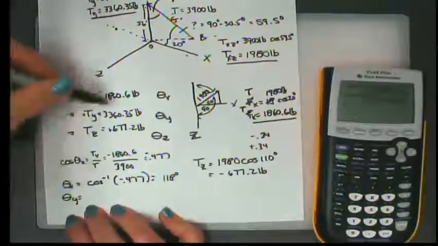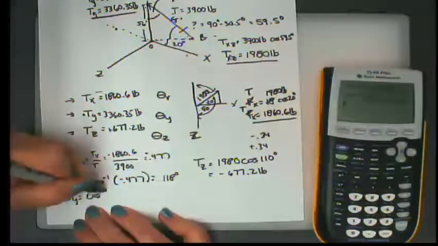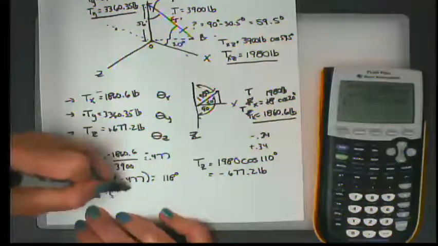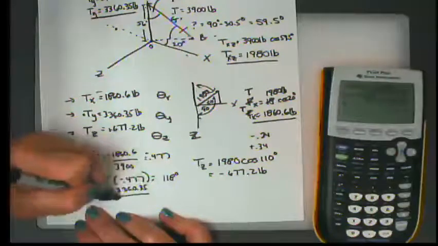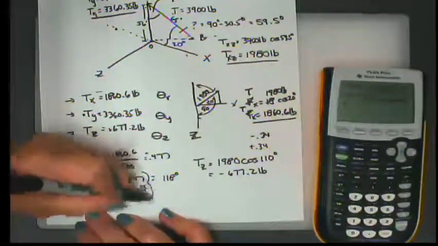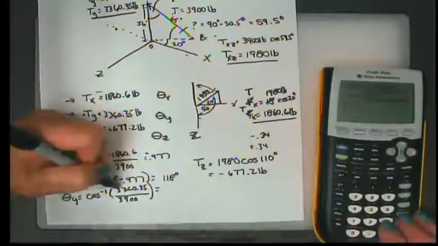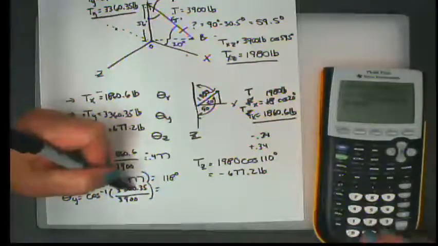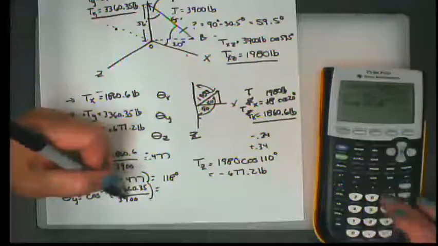Similarly, theta y is going to be the inverse cosine of 3360.35 over 3,900, divided by 3,900.